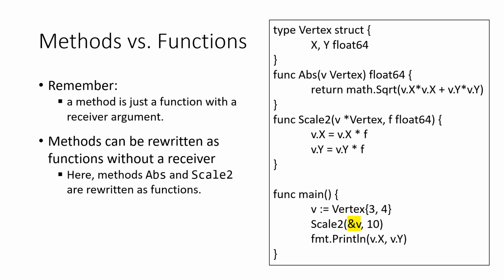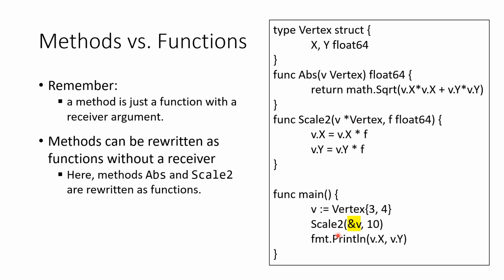For example, here methods abs and scale2 are rewritten as functions without receiver arguments by simply making the original receiver a regular argument. The value receiver v of method abs becomes argument v of type Vertex. The pointer receiver v of method scale2 becomes argument v of type pointer to Vertex.